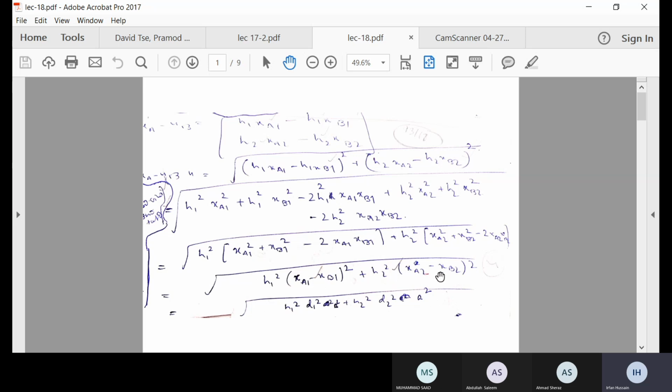So d2 will be equal to xa2 minus xb2 over a square, and then this will come out to be this value also here.